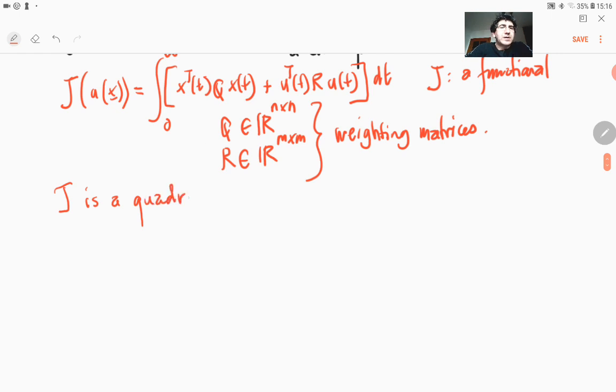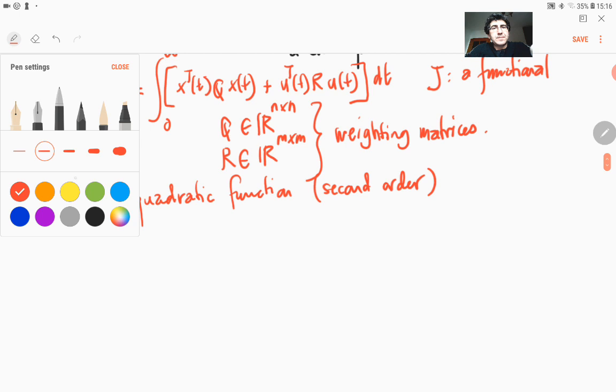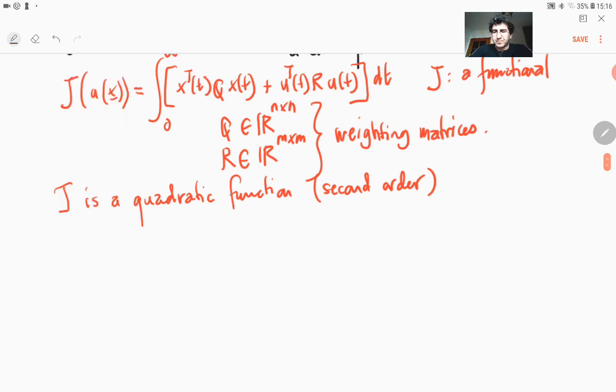Because we have squares; it's second order in terms of x and u. u of t is the independent function here, and x is a dependent function.